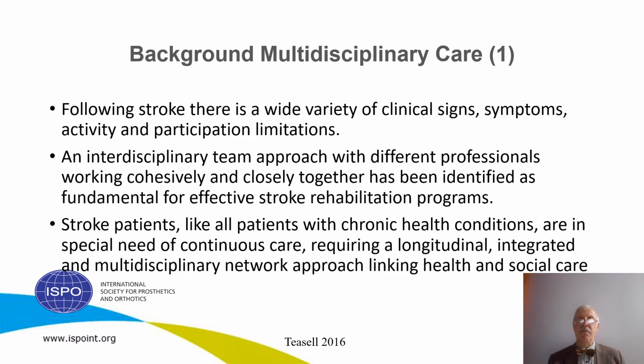This complexity of signs, symptoms, and limitations and restrictions is best treated with an interdisciplinary team approach with different professionals, each one with their own area of expertise, working together cohesively to implement an effective stroke rehabilitation program.